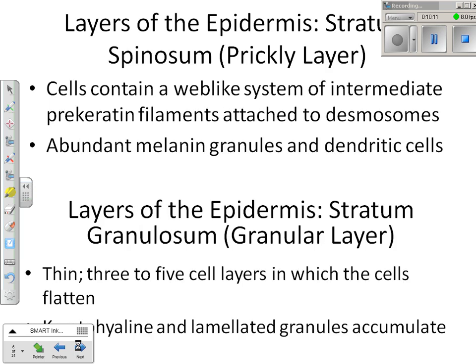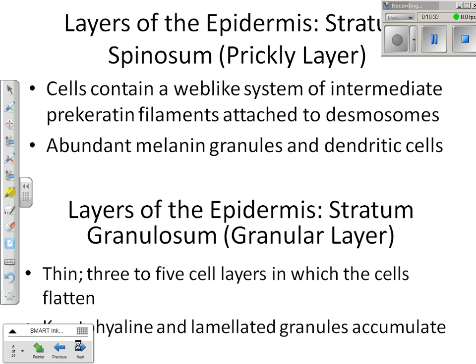The next layer is the stratum spinosum. We call it the prickly layer. That's just a little slang term for it. So right now we're describing from deep to superficial. We started with the basal layer, so the next layer out is going to be the stratum spinosum. It has pre-keratin filaments inside of it attached to desmosomes.